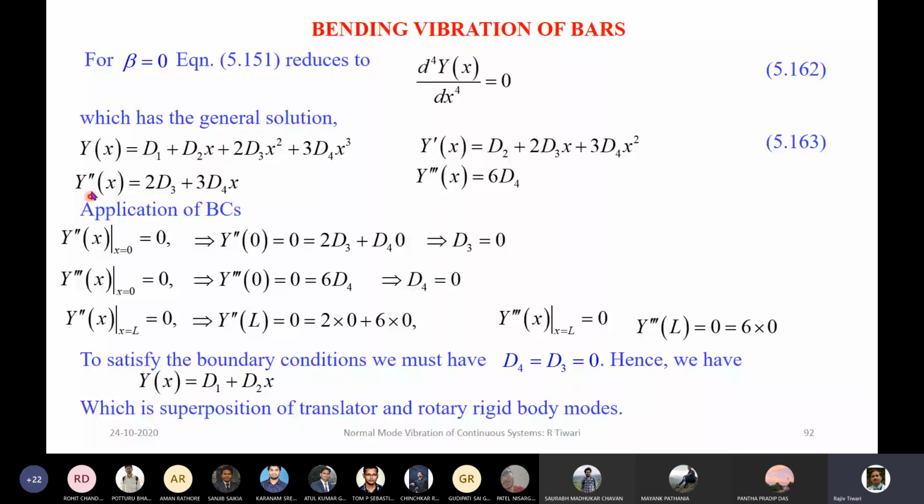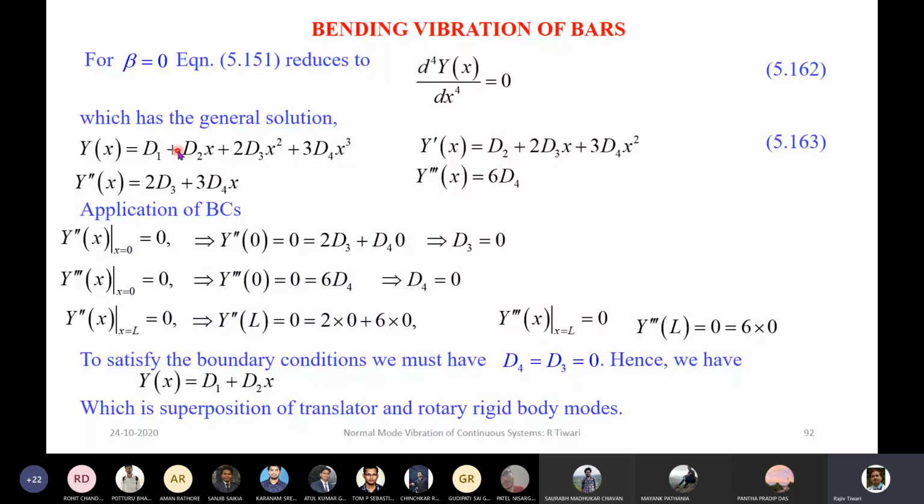Two primes represent twice differentiation with respect to x. Three represents three. Because we need to obtain d1, d2, d3, d4 from the boundary conditions, and the boundary conditions require these derivatives.